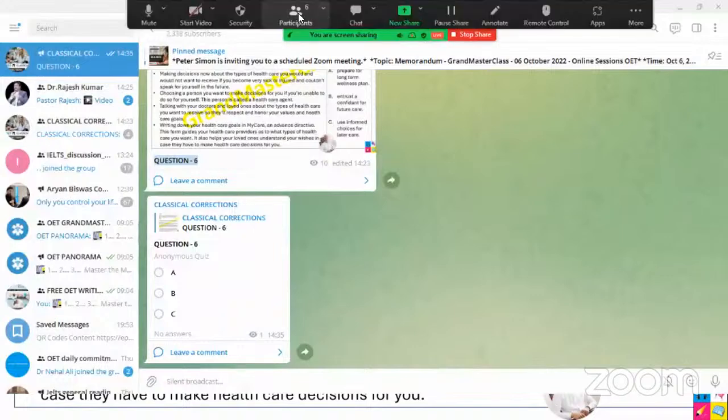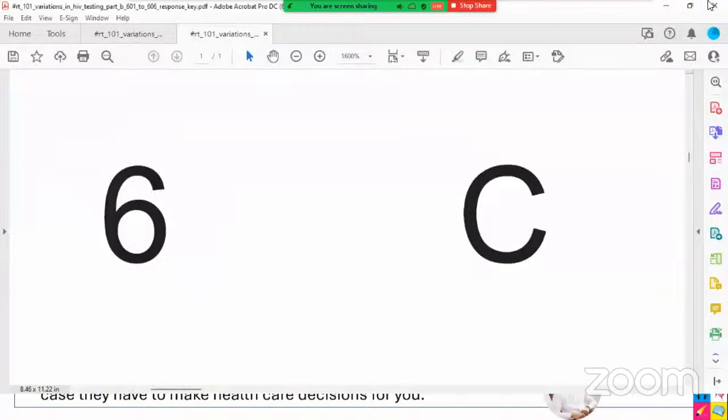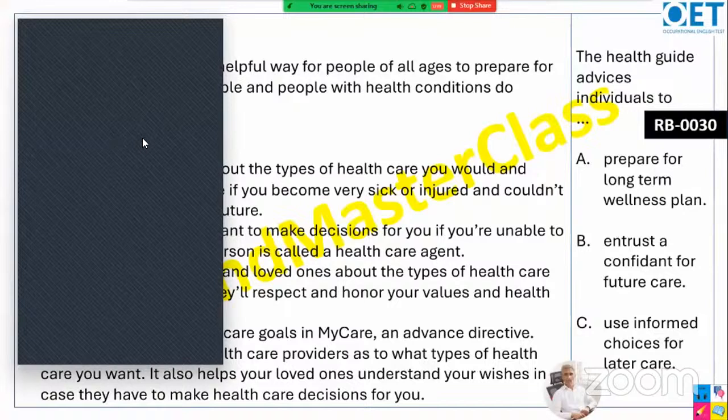So now let us discuss this question. Yes, Shahid and Neha both got the right answer. So let them explain. Shahid.